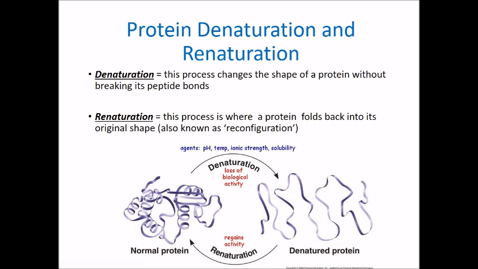Next, the most important thing about protein that you have to remember is protein denaturation and also protein renaturation. Protein denaturation, we can call it the destruction of the protein, in which you destroy the protein by cutting off or breaking down the bonds inside the protein.